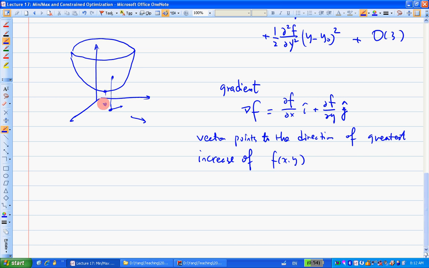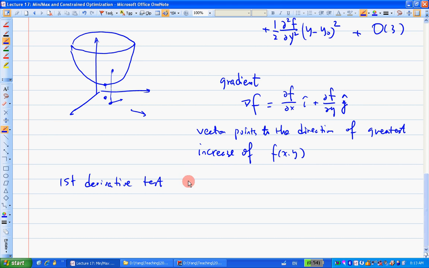You don't walk anywhere, which means the gradient will be 0. That's essentially the first derivative test for a function of two variables.